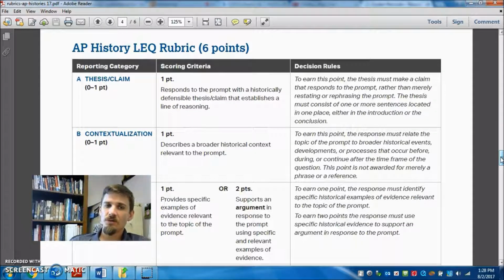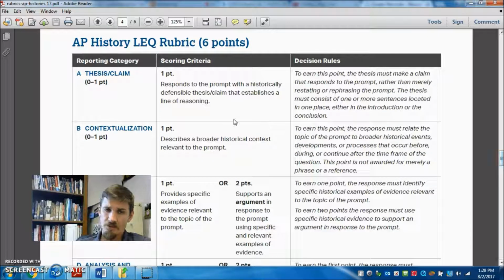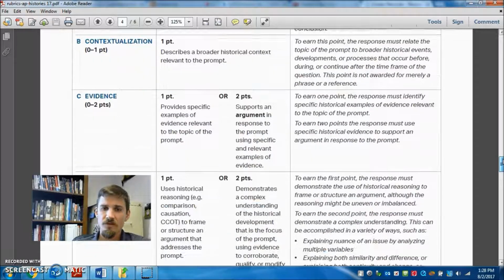Now you'll notice that this is only 6 points. It's very similar to the DBQ, except you don't have that document piece. You don't have to deal with evidence that's inside the documents because there are no documents to deal with in the long essay question. So you have the thesis, contextualization, same thing, using evidence.